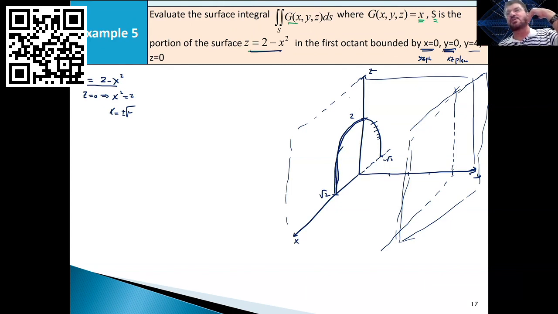Also, y equal to 0 will cut. So this is supposed to move in this direction and in this direction. Again, it's going to move also in this direction. But what's going to happen here? We are going to be facing this plane, which is going to cut it also at 4. So there will be a cut also here.